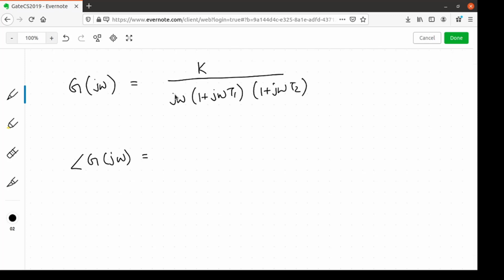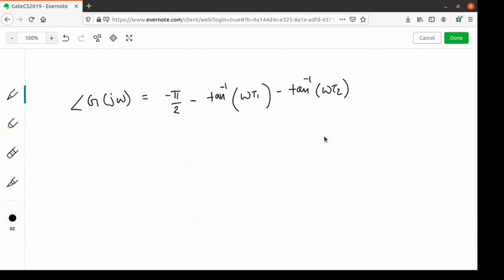Then the phase contribution of 1 by j omega is minus pi by 2 for all frequencies, since there is no real term here. Then the phase contribution of this pole will be minus tan inverse of the imaginary part omega t1 divided by the real part, which is 1. Same for this pole, it will be minus tan inverse omega t2.